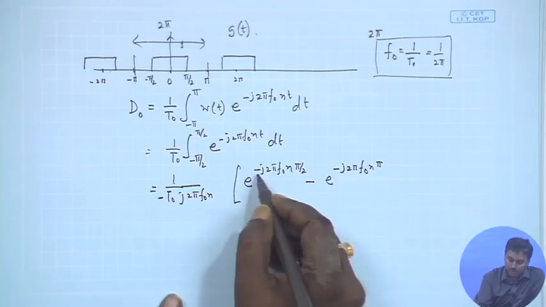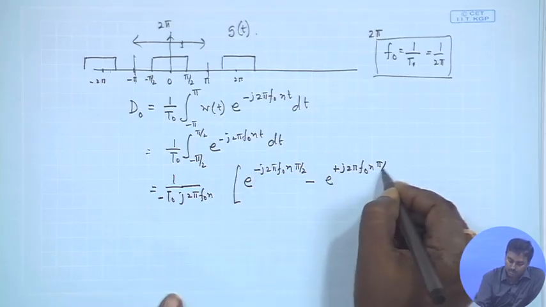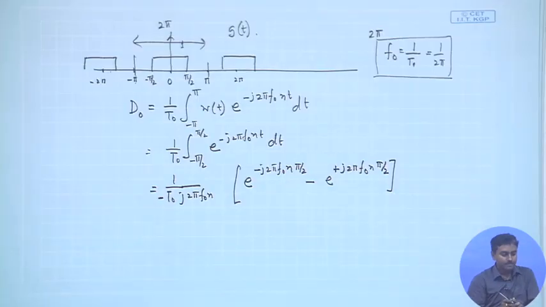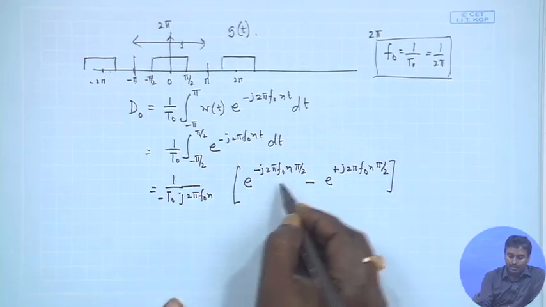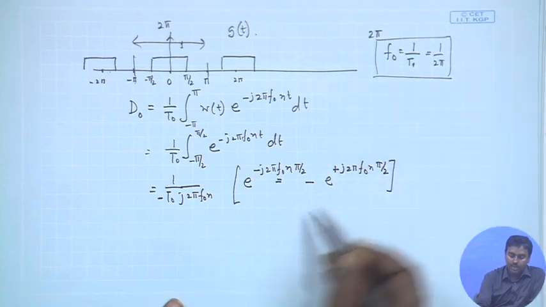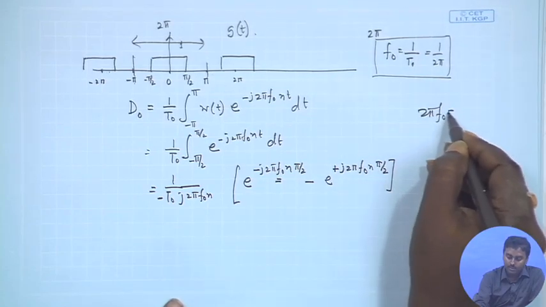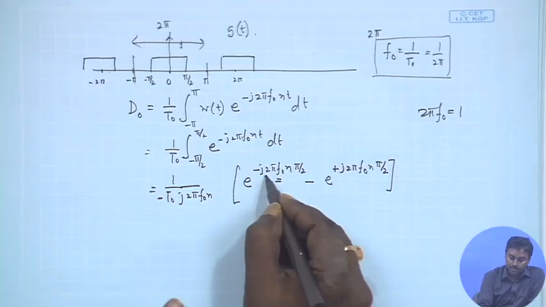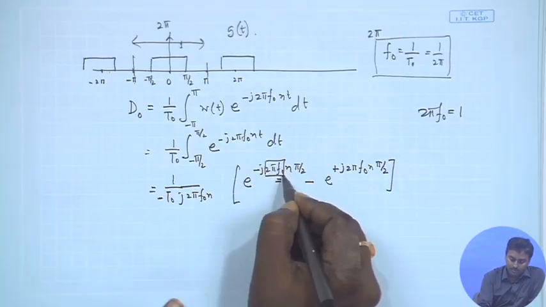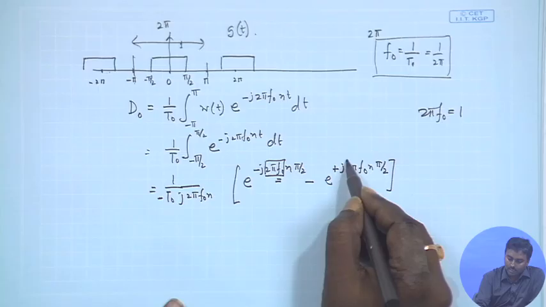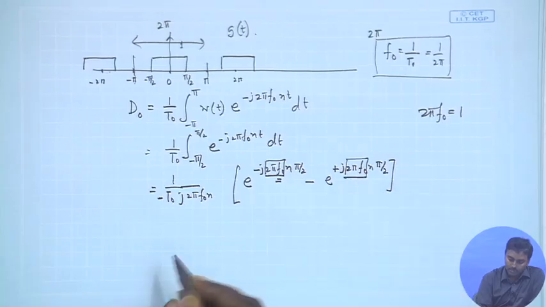So minus pi by 2 becomes plus. Right. So this is all that we get. Now, you know that f0 is 1 by 2 pi. So this is actually becoming 2 pi f0, that becomes 1. So this entire part you can put as 1.